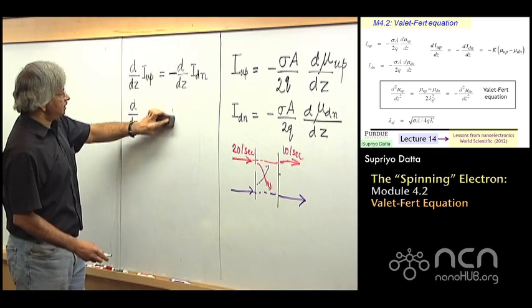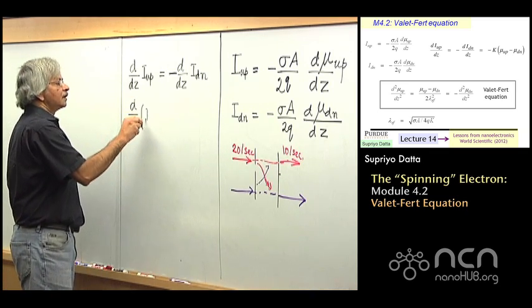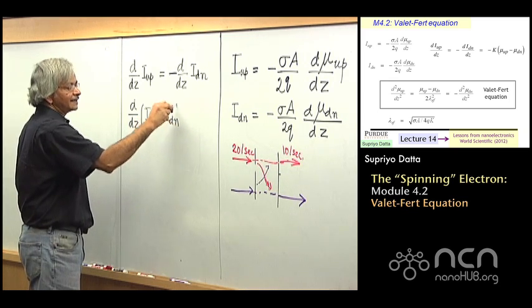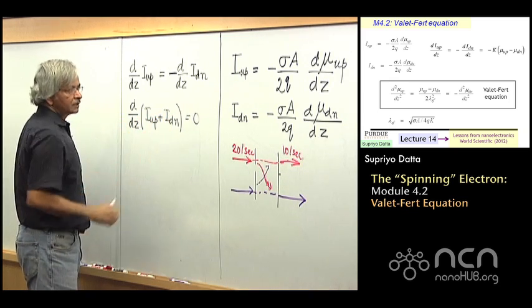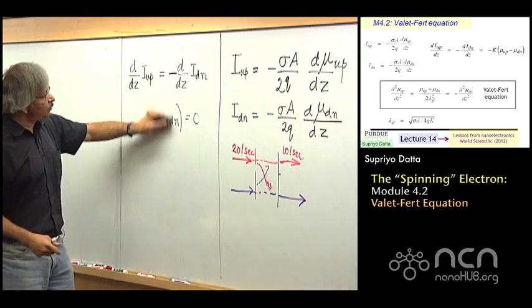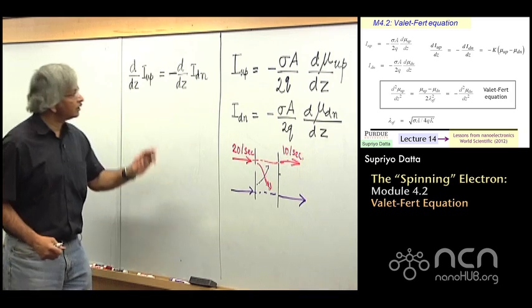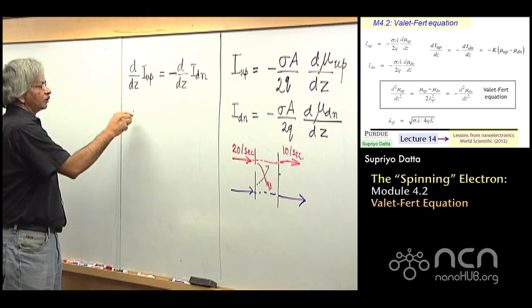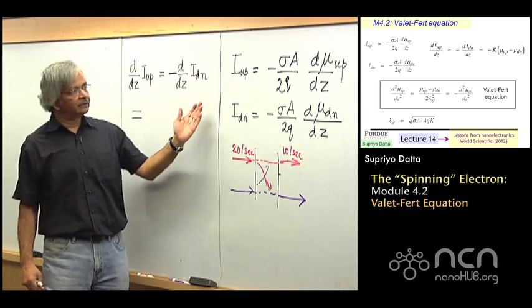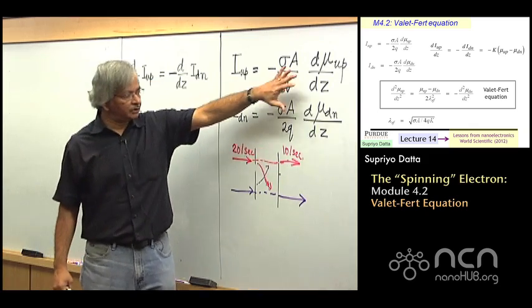So d/dz of I up plus I down together, that is 0. So I could write it as this. Now the question is, these are equal, but what is this equal to? That is, how can we relate it to the potentials mu up and mu down?